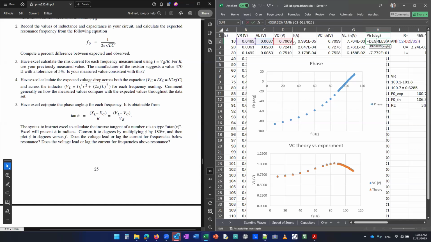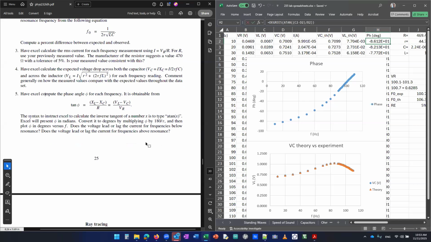You go with measured instead of the theory. So with all that in arctangent, it gives out an angle in radians, and then you use DEGREES to turn that into degrees. You don't have to follow these. This is more intentional and more clear what you're trying to do. Find the angle, turn it into degrees. So with this, you have all the different angles here, and you can plot this out and have a conclusion.